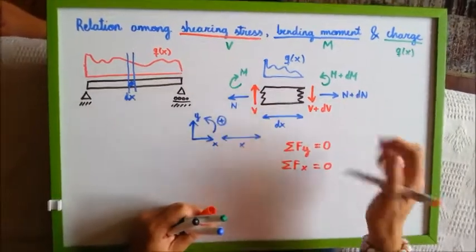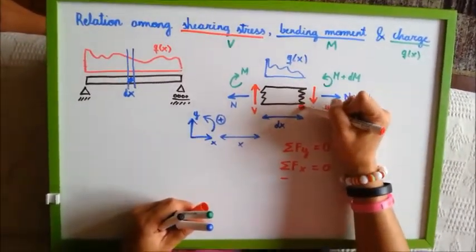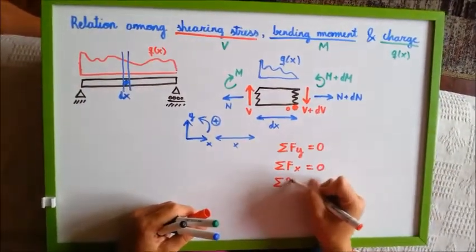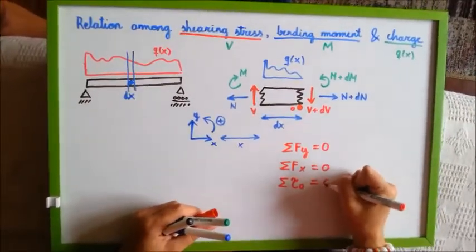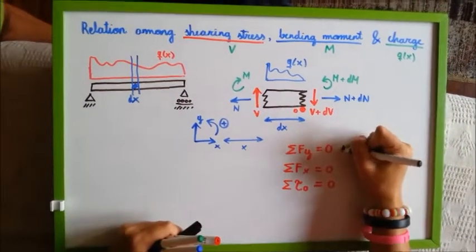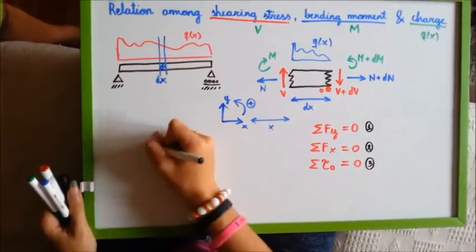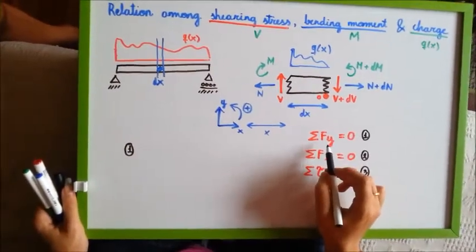And all the torques with respect to a point, we'll take this point as reference, for example O. The sum of all the torques with respect to our point O must equal 0. Okay, so this will be 1, this will be 2, and this will be 3. So 1, forces in the y direction must equal 0.